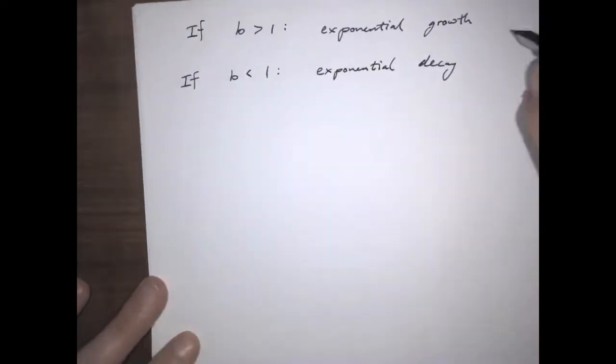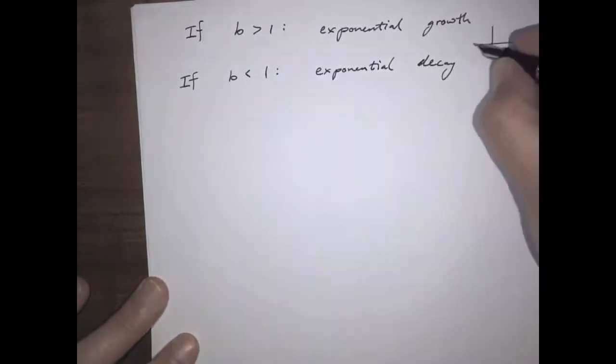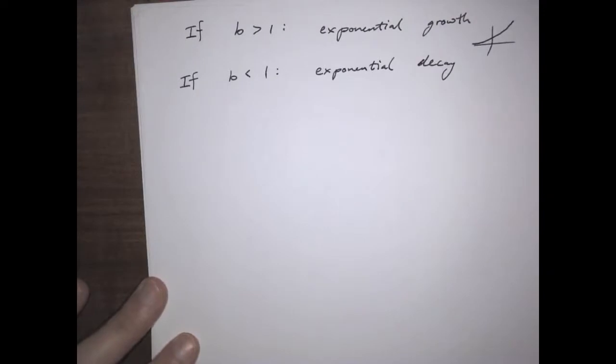Next section will look more precisely at the actual graphical situation, but for now I should just note that exponential growth is like that. Exponential decay looks like the same thing but in reverse.